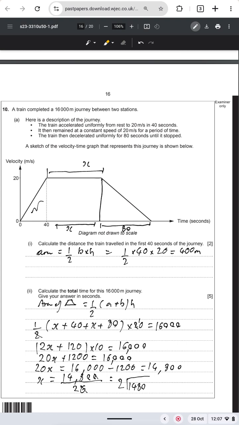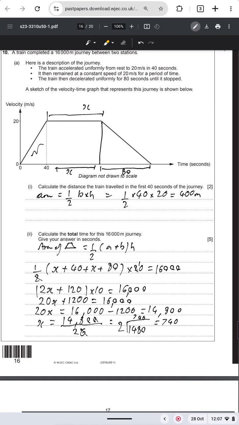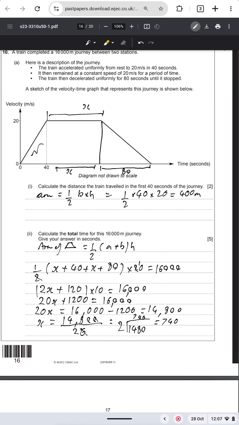So it's going to go 7 times into 14. Into 8 it goes 4. So 740 seconds. And then the total time, which I'm just going to have to write down here, is going to be equal to 740 plus 80 plus 40, which is equal to 860 seconds.